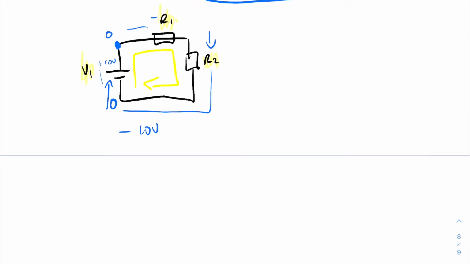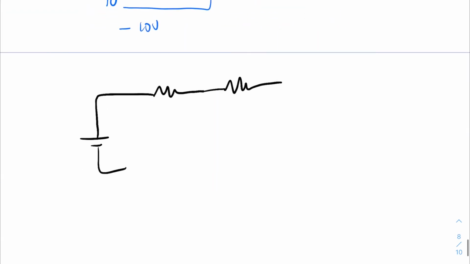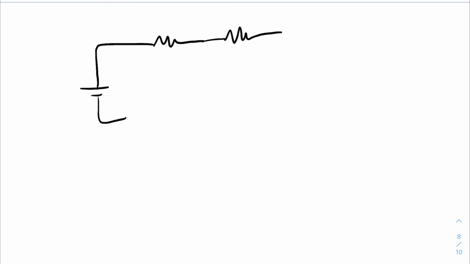Cool. Okay, let's do an example, right? Make it a bit more complicated for you. So we've got R1. I've mentioned before that sometimes I draw resistors with squares, sometimes I do the squiggly. Depends on the day, really. Depends how I'm feeling.